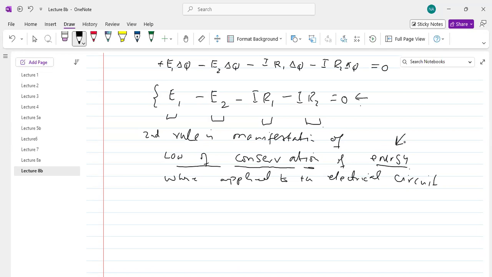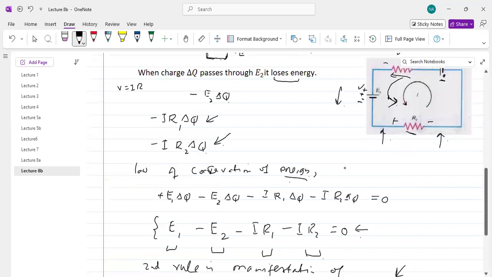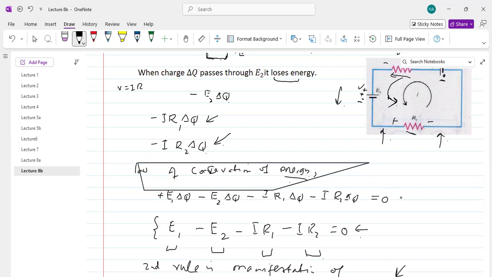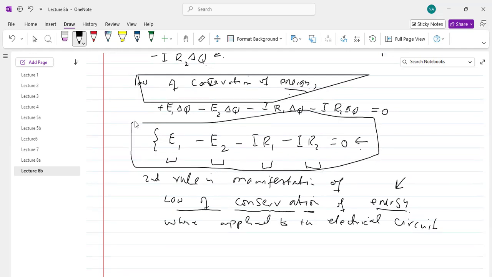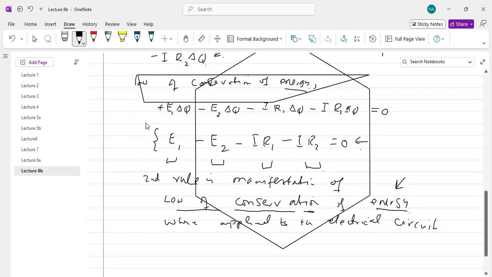Actually, we have directly applied this law of conservation of energy here. But this law, when applied, results in this equation.